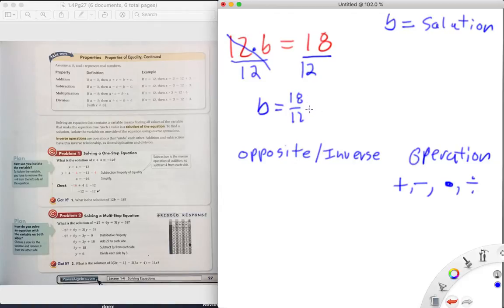So I can divide it by 6. Divide top and bottom by 6. So I got b is equal to 3 halves.